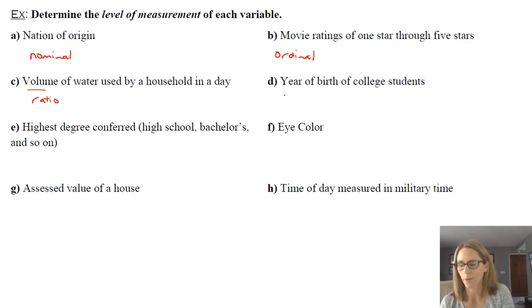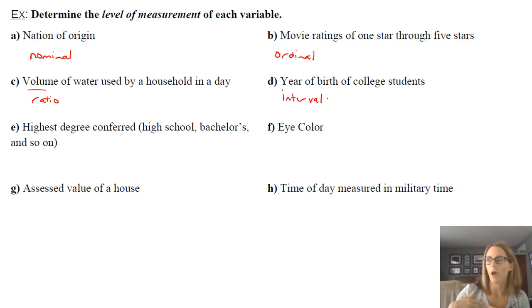Anytime you're talking about years, you're going to have interval, because I know that probably all of you were born after me. But year 0 doesn't mean there was nothing. We don't have nothing in year 0 and then the first person was born at that first second or something. So we don't have that natural 0 starting point with years.